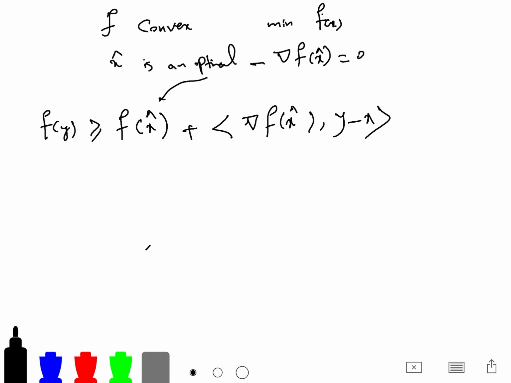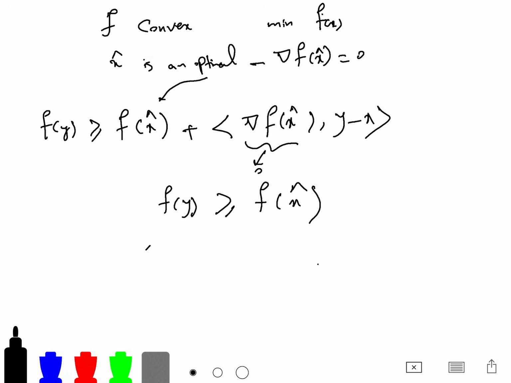So if the gradient of f is 0, then f of y is greater than or equal to f of x hat, and this is just the definition of minimization of f of x. So x hat is an optimal solution.